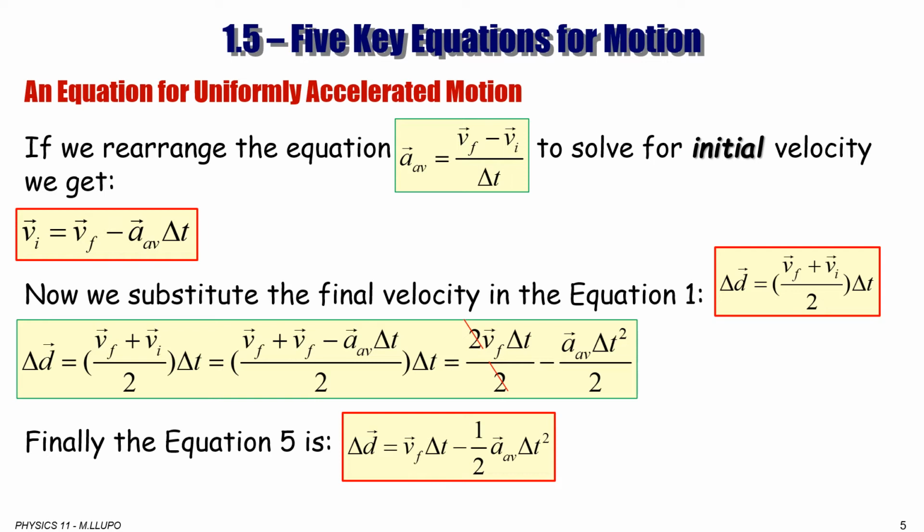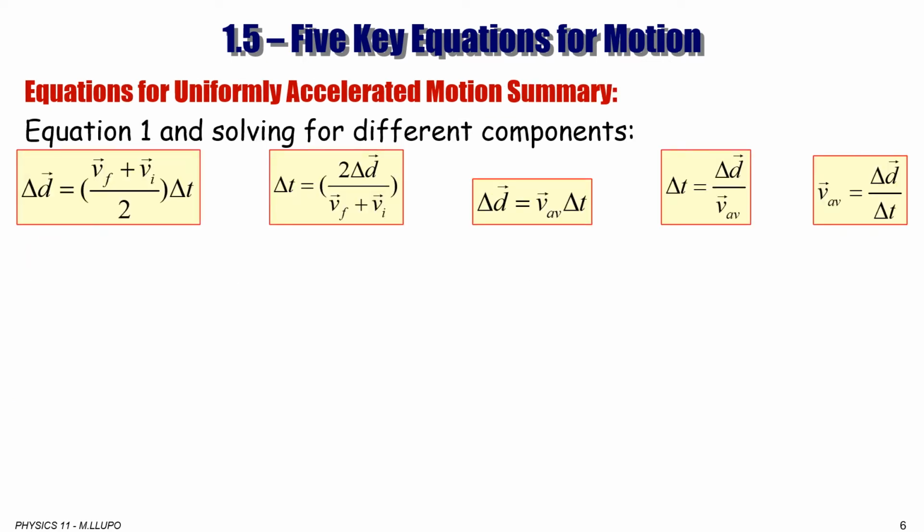So we now have 5 key equations that you can use to solve kinematics problems in physics. Equation number 1, we can rearrange to solve for different components. For example, if we want to solve for T, we have delta T equal to delta D over V final plus V initial.